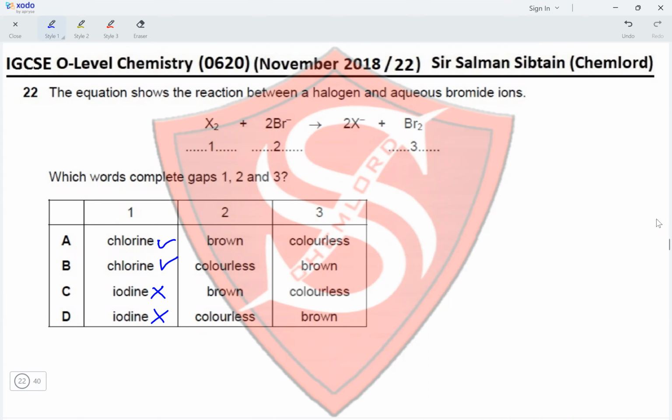Now the color of the bromide ions would be colorless because an ionic salt of bromide ion would have a colorless appearance in solution. So A gets eliminated and the color of bromine is brown, making option B the correct option for this question.